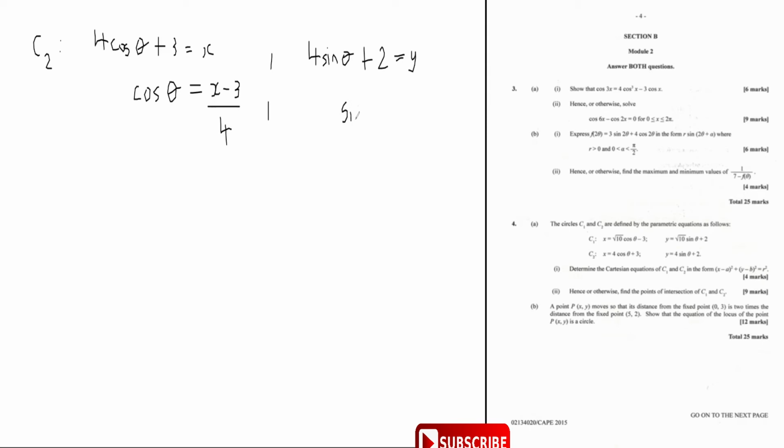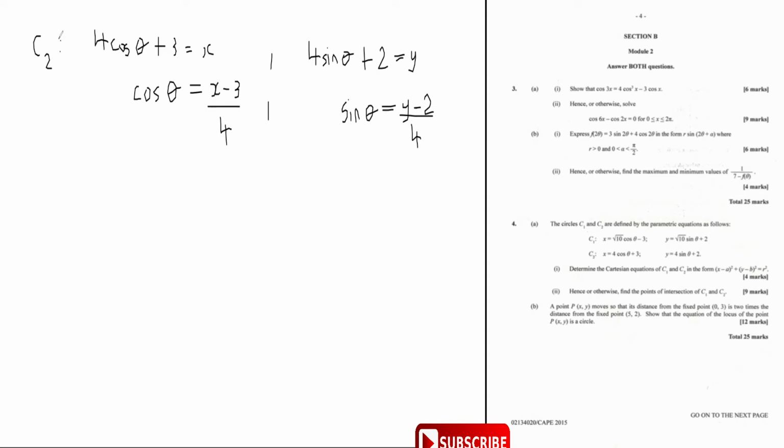Then the sine of theta is equal to y minus 2 divided by 4. So this is sine theta and this is cos theta.